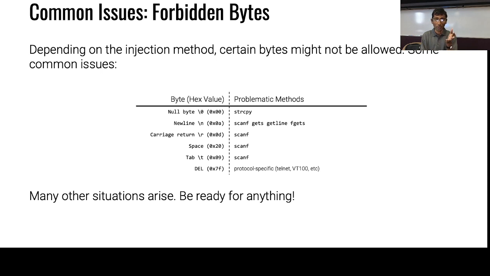So we will expect you, for example, for string copy, if you use it for the bytecode hacking attack, there should not be a null character. That's why in challenge 3, I think, you would be asked not to include the null character.